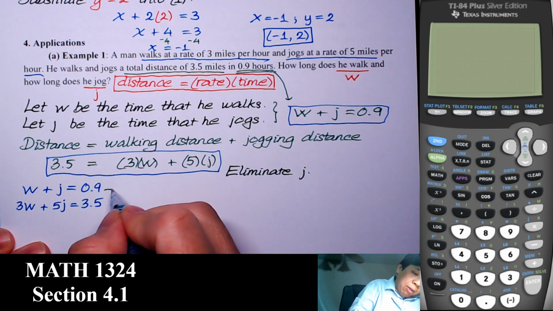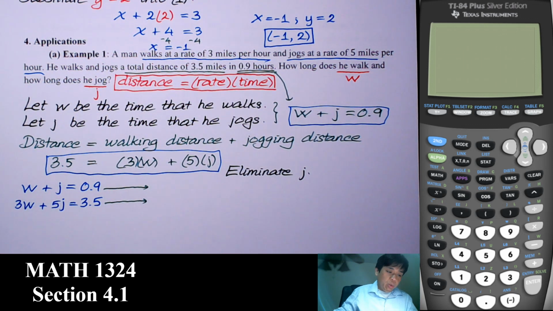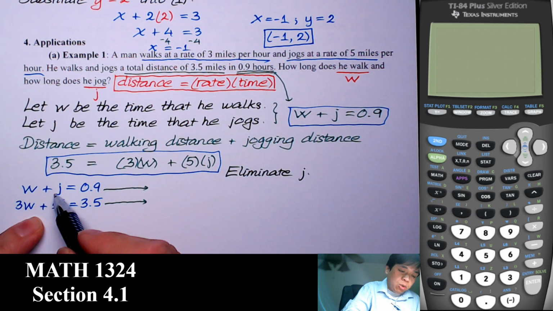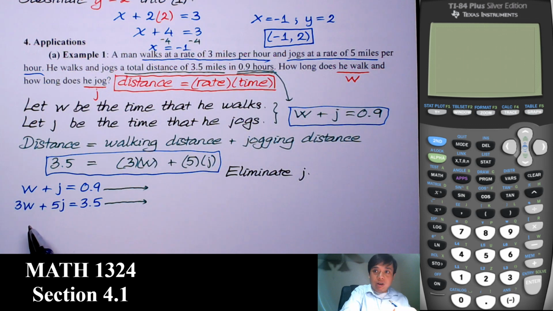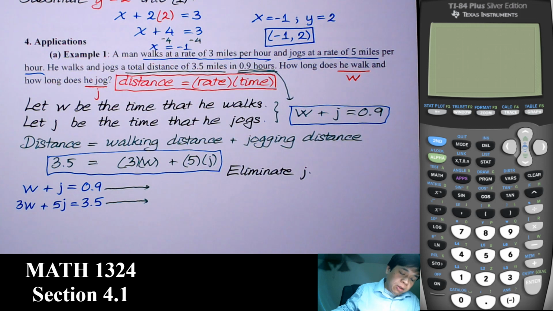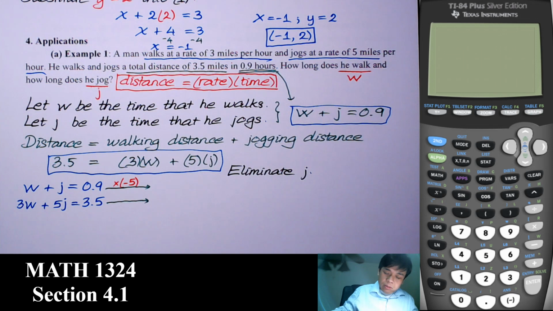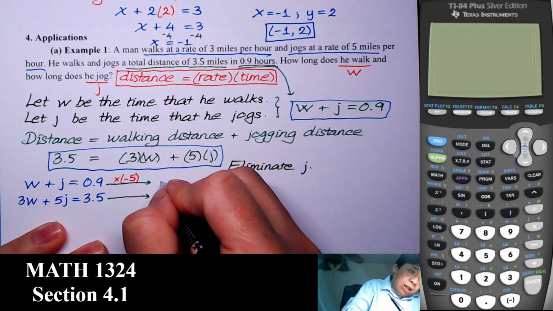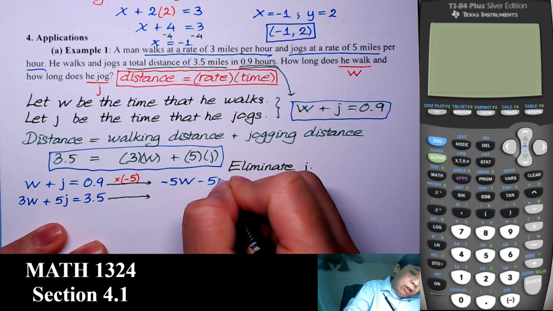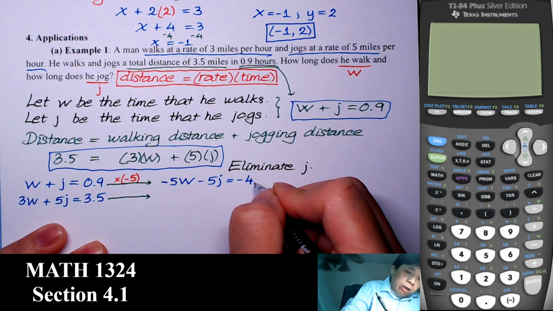So we will multiply by something so that the coefficients cancel out. For the coefficients 1 and 5, if I just multiply by negative 5, it will work. That gives us negative 5W, negative 5J, equals negative 4.5.